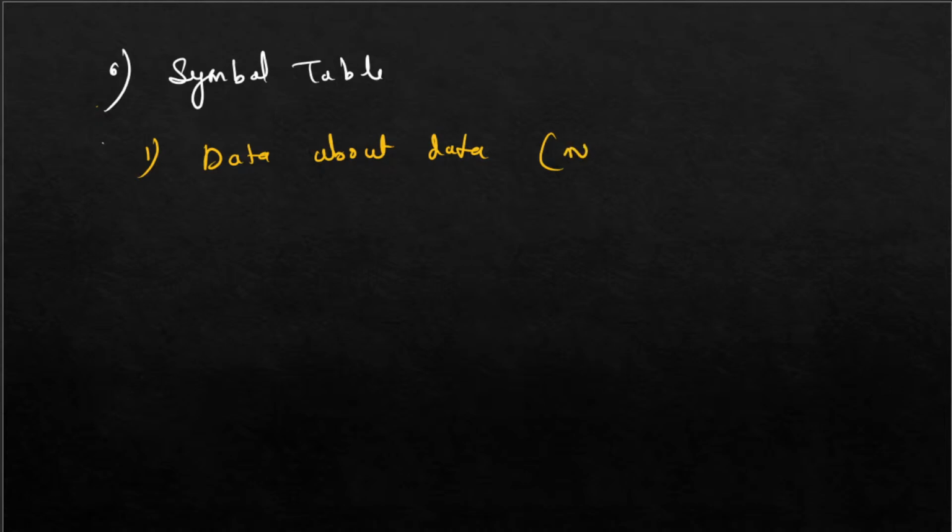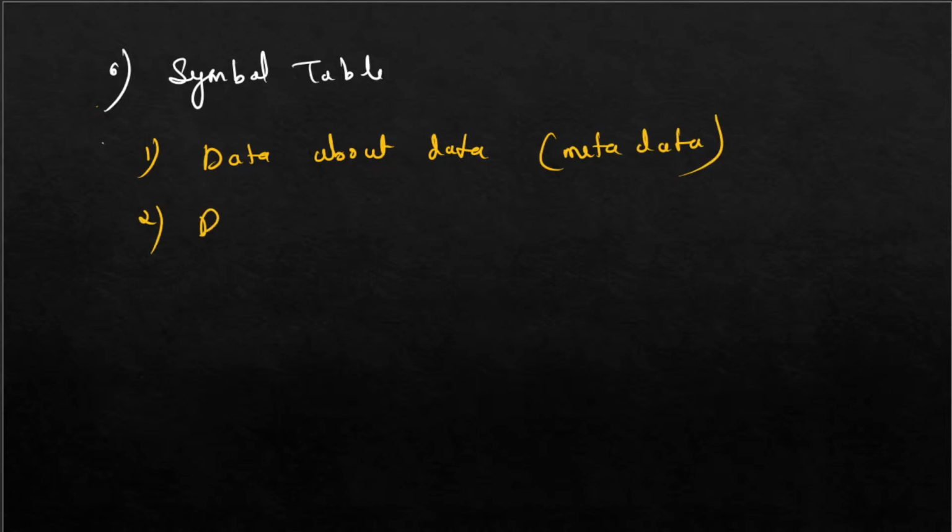Symbol table. Symbol table means data about data, which is metadata, right?